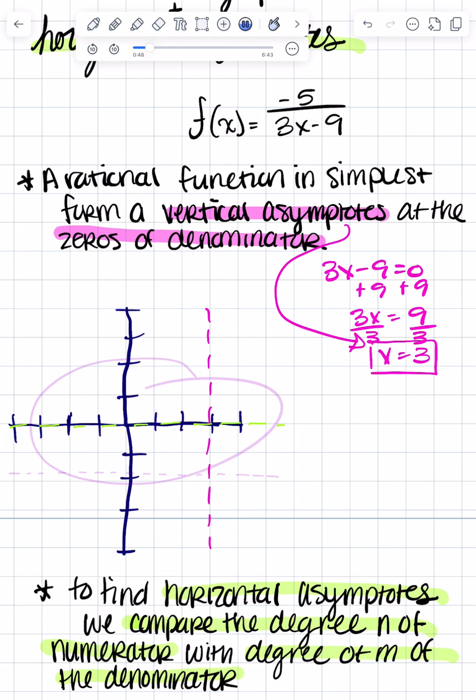When we do that for this problem, it would look like 3x minus 9 equals 0. We would add 9 to both sides and divide both sides by 3, where we get x equals 3. So our vertical asymptote will be a dashed line down where x is 3.